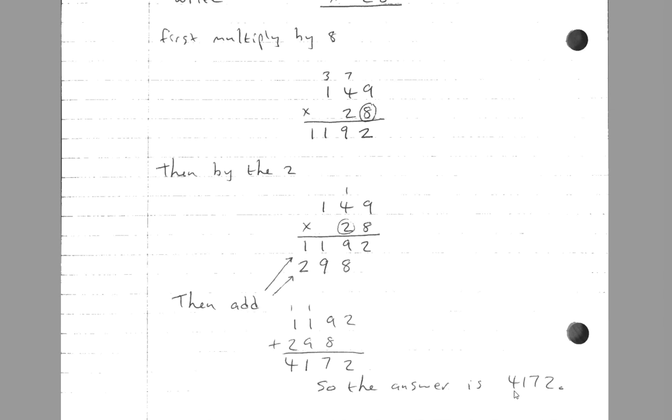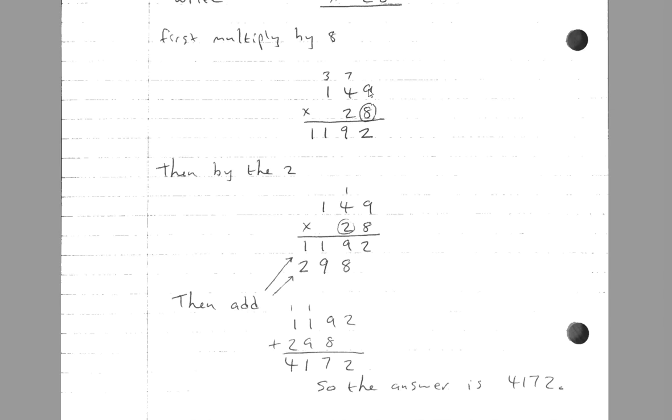And yeah, you should always check that the answer makes sense roughly. So for example, suppose it was, say, 150 times 30. What's 150 times 30?